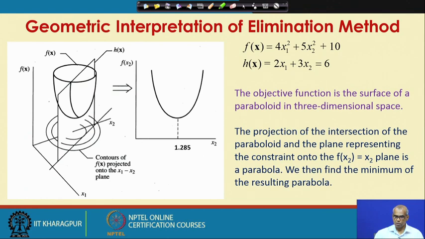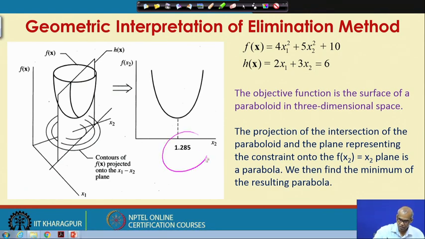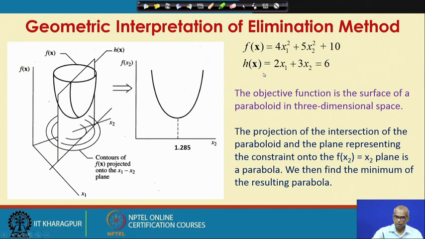If you solve this, you will get the value of x2 as 1.285. And x1 can then be found from the constraint 2x1 plus 3x2 equal to 6.